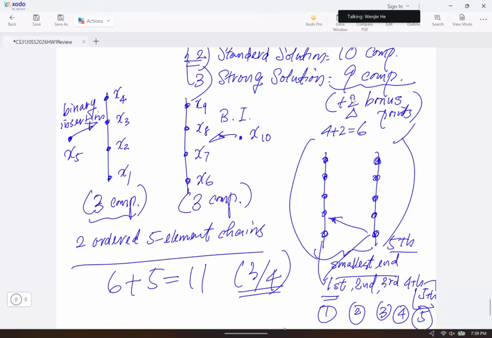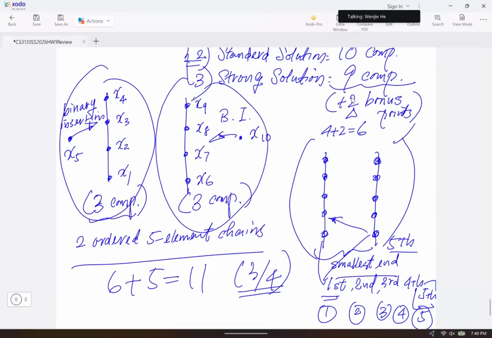But the standard solution should exist, though I cannot say 100% sure. Because this solution is too rough. The binary insertion here is too rough. So definitely we have room to improve by one comparison. But not easy.